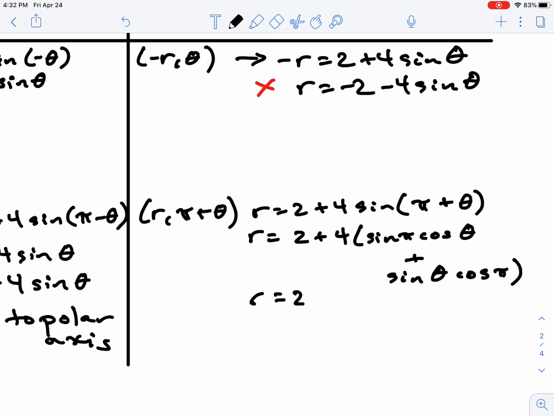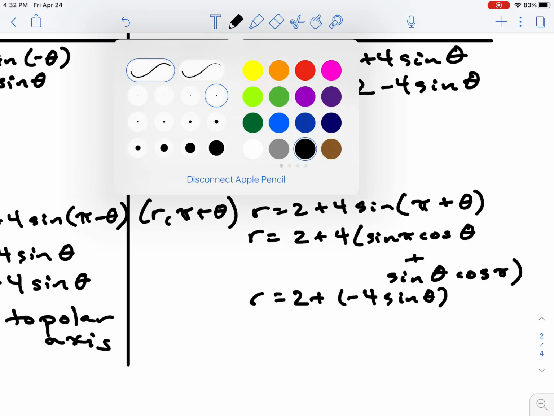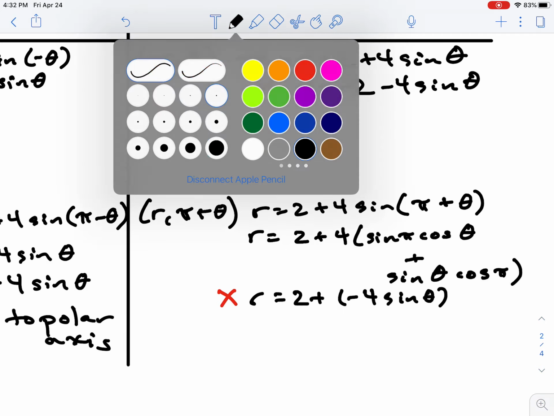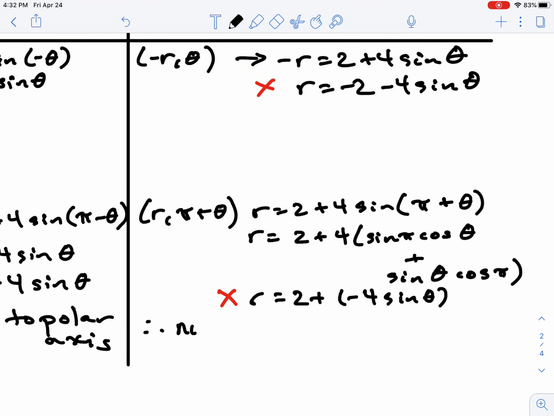And quick evaluation of this, we see r is equal to 2 plus, sine of pi is equal to 0, so again, all of this becomes 0. Cosine of pi is equal to -1, so we would actually have -4 sine theta as our result. And this also is not the same. So we can say, therefore, this is also not symmetric with respect to the pole.